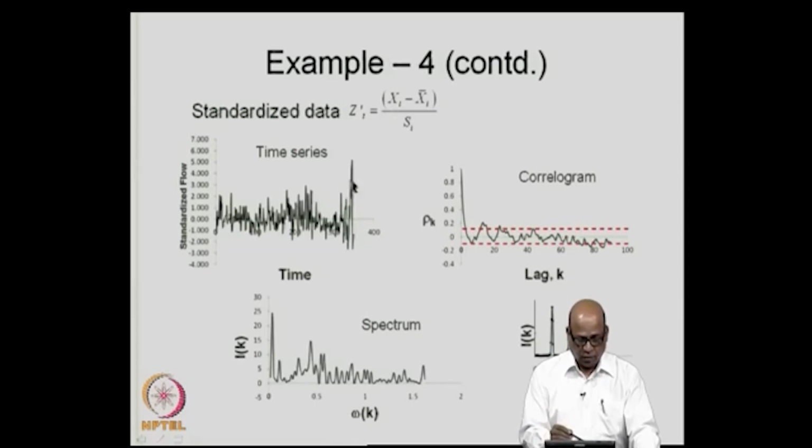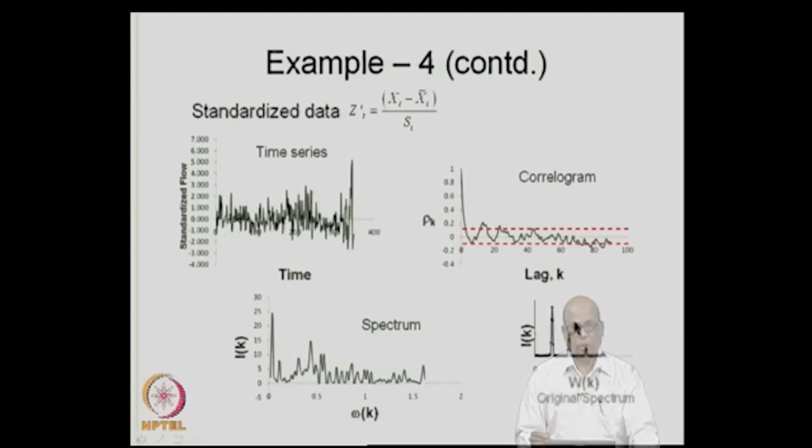When you standardize the series, you will see that the time series looks more or less random like this, and most of the correlations are all insignificant. There is hardly any correlation that is outside the significance bar except for the first one, and the line spectrum shows that the data is random. So, there are no specific spikes here which are much different from the other spikes.